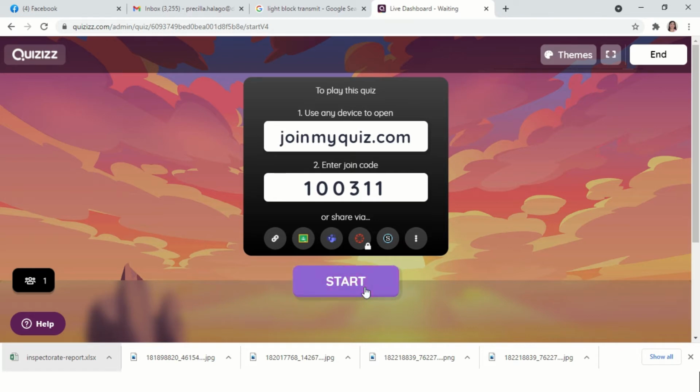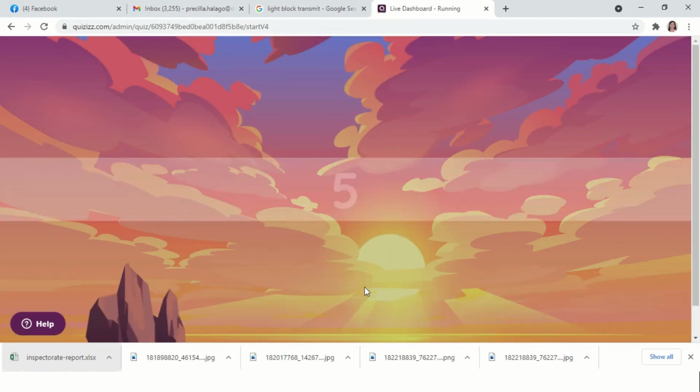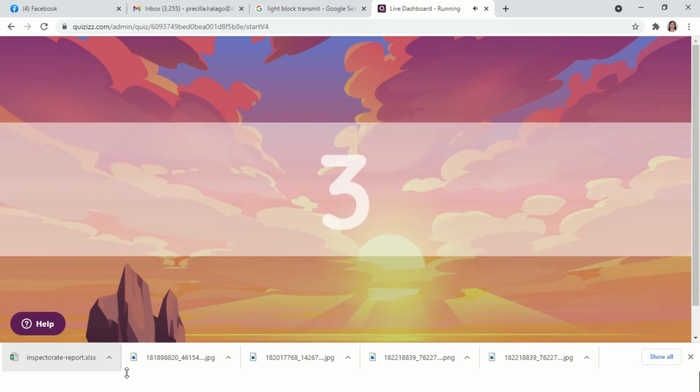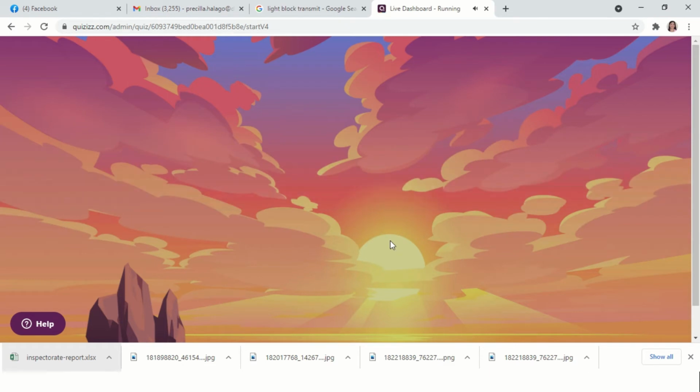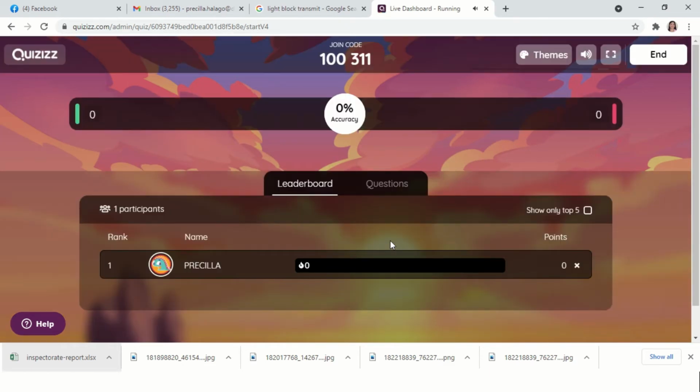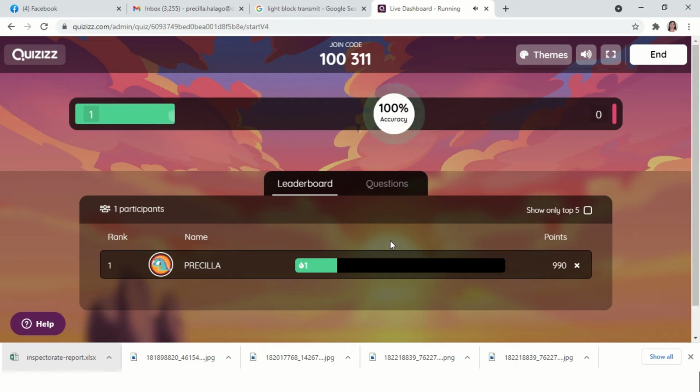You just identify if it's conductor or insulator. There is a picture here, and what you will do is identify if it is conductor or insulator. You choose using your mobile phone. Prezi already answered number 1. Now let us wait for the others to answer also.